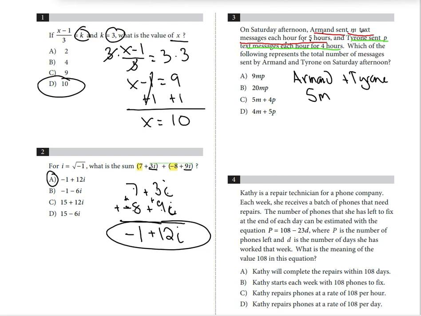We have to multiply the number of text messages he sent, M, times the number of hours he sent them, 5, plus Tyrone sent P text messages for 4 hours, so the number of text messages he sent, which was P, times the number of hours he spent sending them, which was 4, so 4 times P. So we get 5M plus 4P, so our solution should be C here.